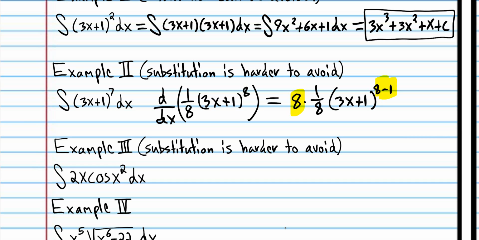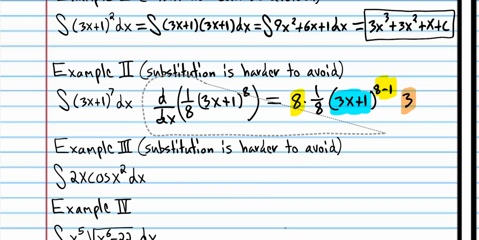Then we're going to keep the inside function. Remember, when you use the chain rule, you keep the inside function. It doesn't go anywhere. But then you multiply by the derivative of the inside function. The derivative of the blue expression is 3. So now we have to simplify all this and see if we get back to the original expression.